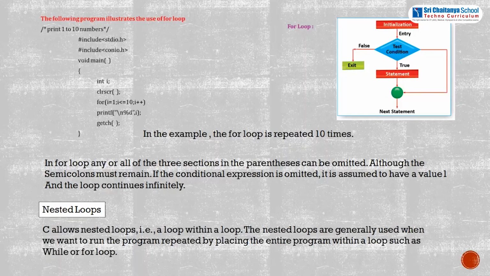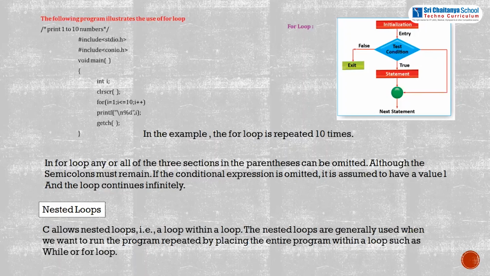So when I include the \n and %d, my values from 1 to 10 will be printed one below the other. That is, once 1 is printed, when it sees a new line character, the cursor will automatically move to the next line. Similarly, all the 10 values will be printed.